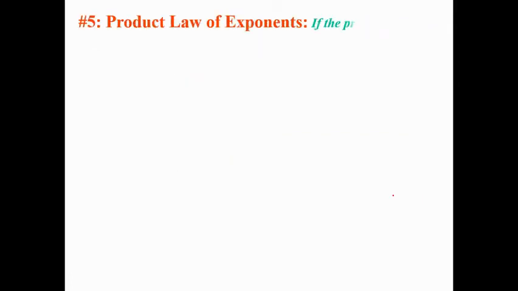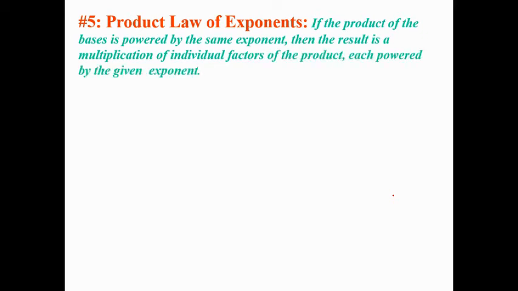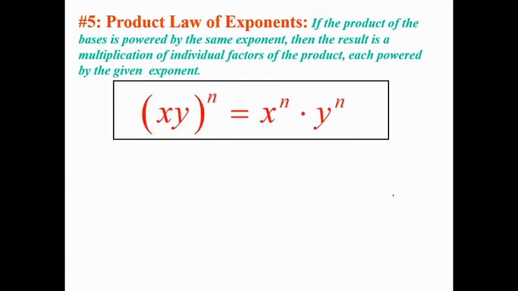Okay. The product law of exponents: if the product of the base is powered by the same exponent, then the result is a multiplication of individual factors of the product, each powered by a given exponent. What does that look like? It means that when you have multiple variables or numbers in a set of parentheses being taken to an exponent, this exponent must be distributed to everything that is inside the parentheses.